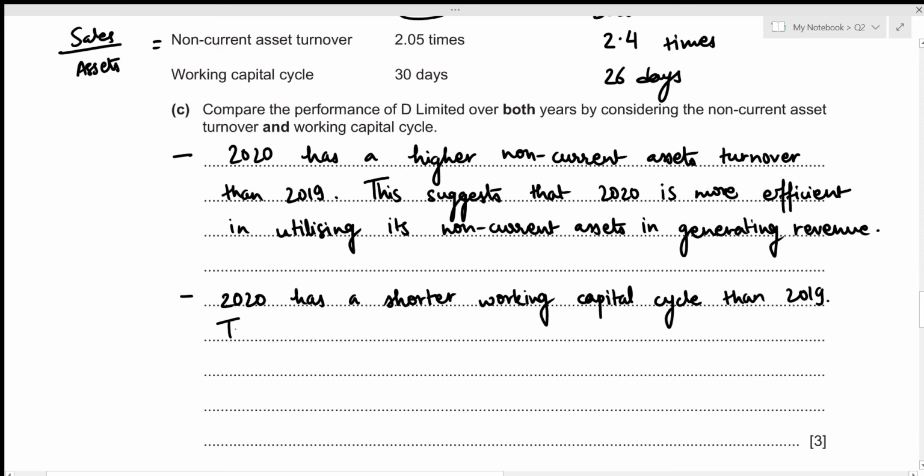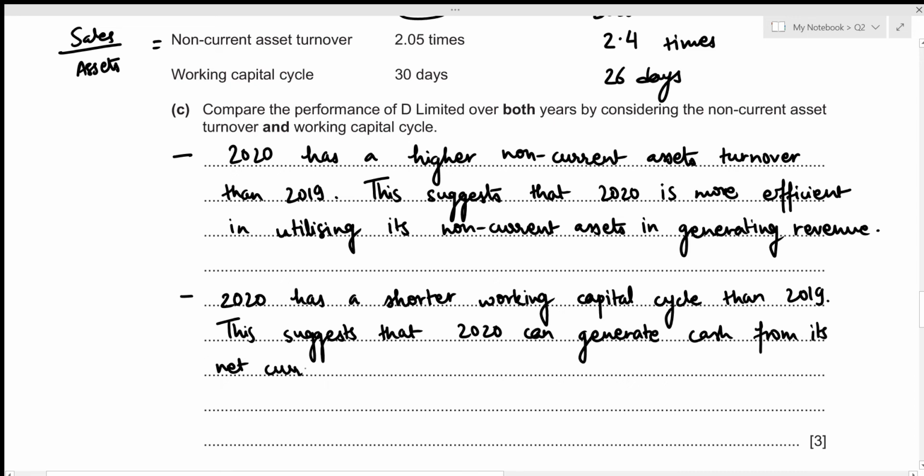This suggests that 2020 can generate cash from its net current assets in shorter time as compared to 2019.